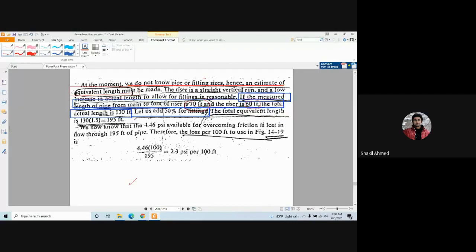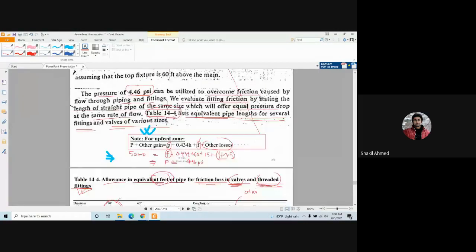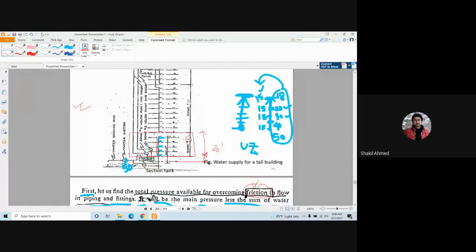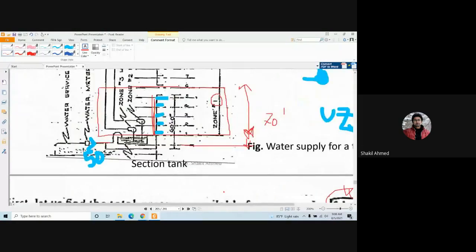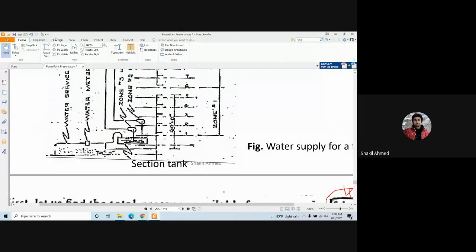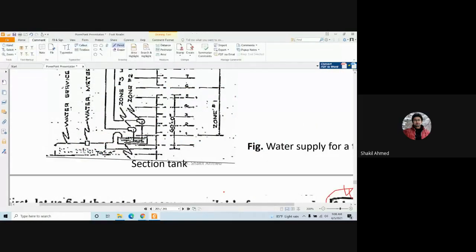What does that mean? That means this is your zone 1.